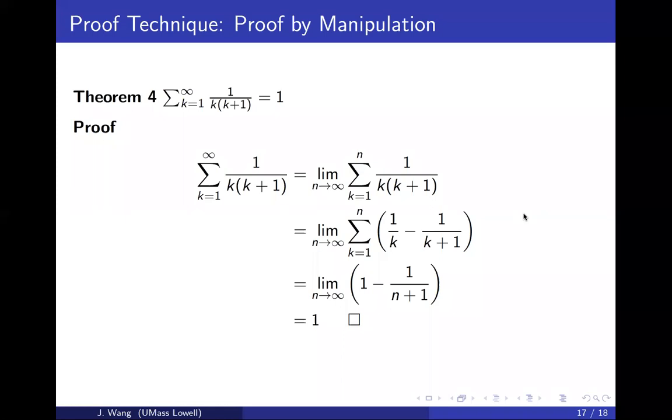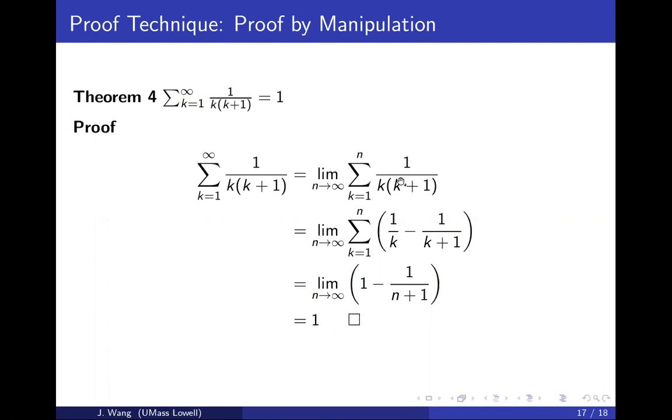The next technique is a proof by manipulation. So we want to show the summation of 1 over k times (k plus 1), for k from 1 to infinity, is equal to 1. The manipulation will be to rewrite this term, which becomes 1 over k minus 1 over k plus 1.